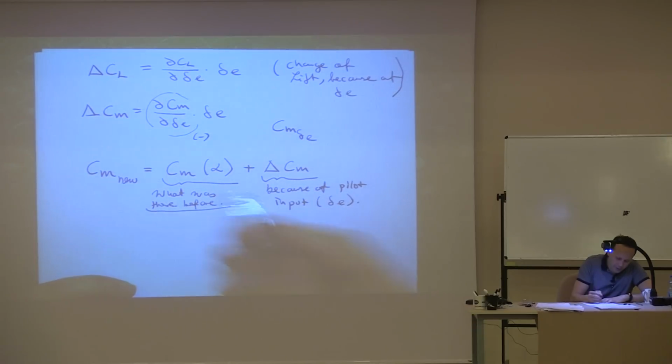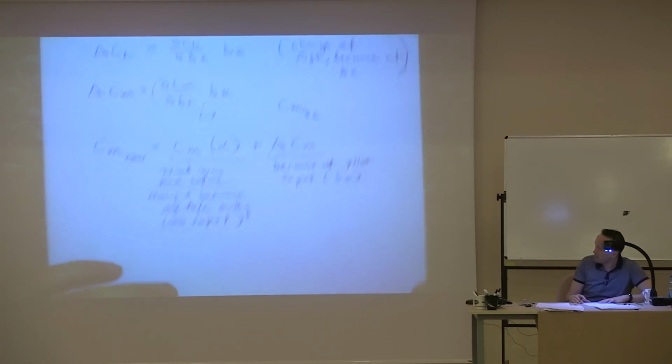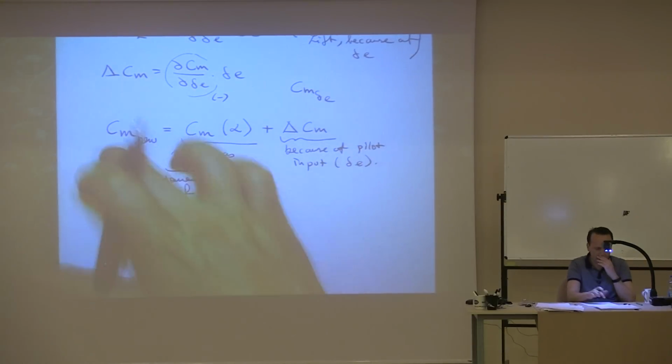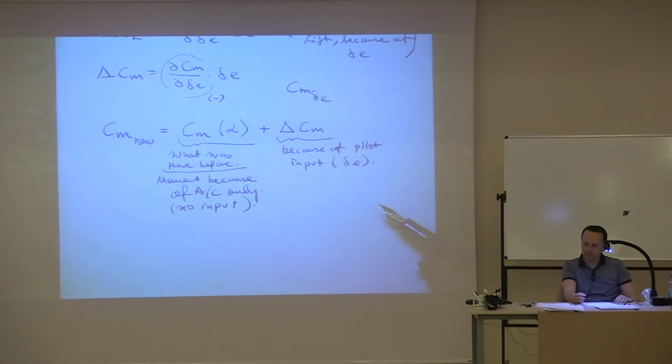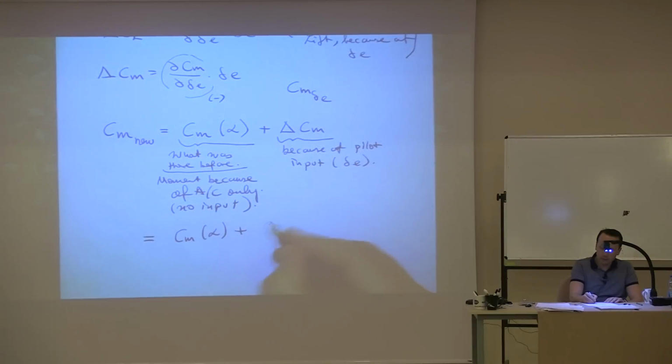Or I would rather say the moment because of aircraft only, no input. Okay, this is with input. This is now with input, with the pilot input. Of course, this is a function of alpha. We know CM is a function of alpha, so it is equal to CM alpha plus CM del E times del E.